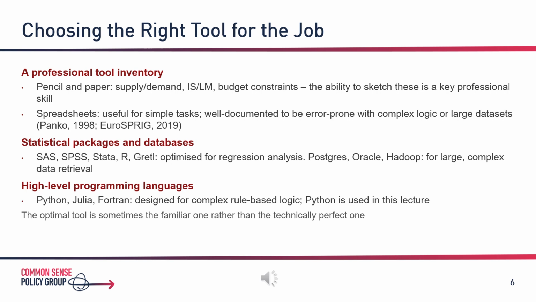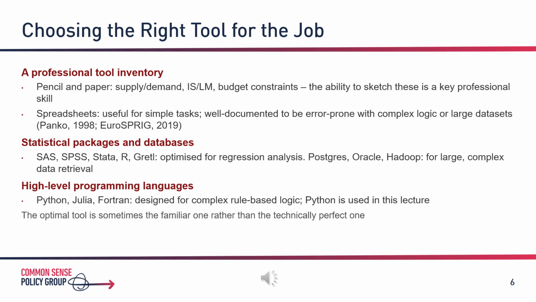Statistical packages like Stata and R are the workhorse of academic empirical economics. They are excellent for the kinds of regression analysis you encountered in lectures 2 and 3, and for data manipulation and analysis generally. R in particular is free, powerful, and the standard tool for quantitative social science research in many disciplines.